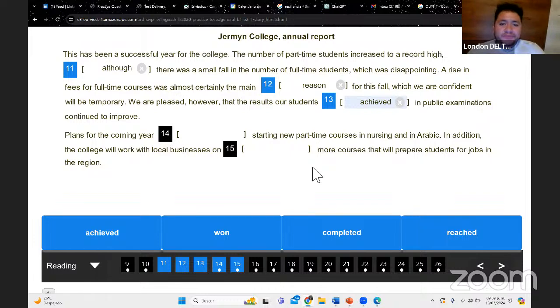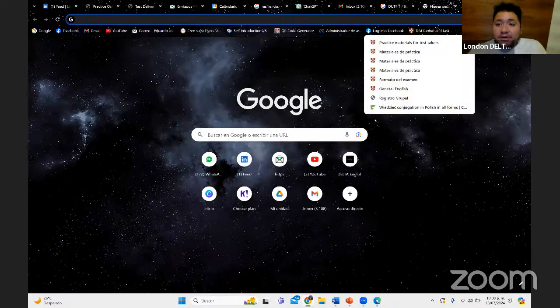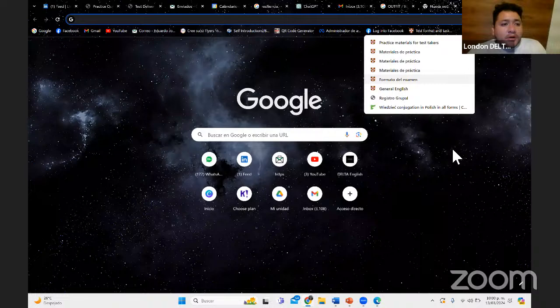Very well. What else can we do? So you are thinking, okay, I want to improve this thing. Maybe I don't know the best word. What other tools do I have? Ok, les voy a mostrar otra herramienta que pueden utilizar para practicar estos collocations. A ver.